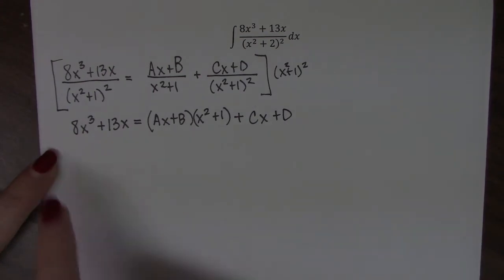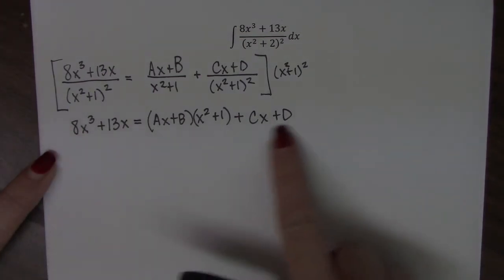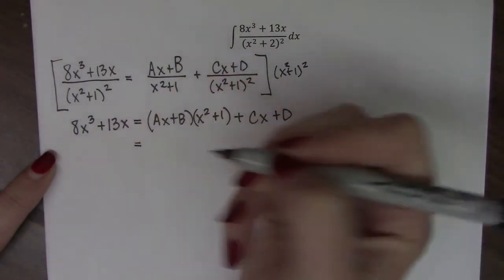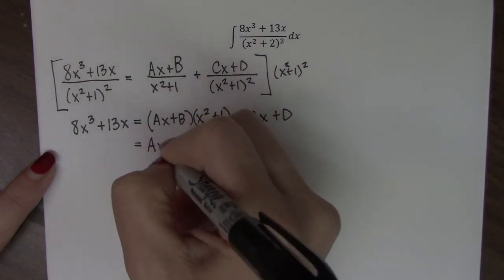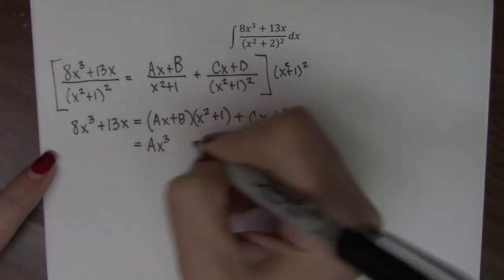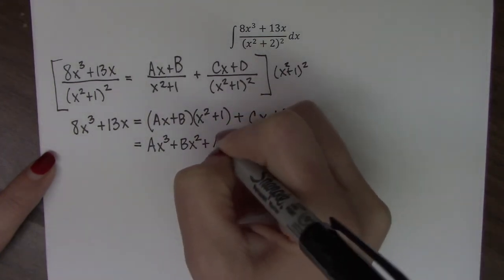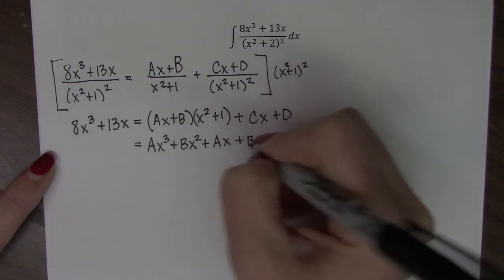So what we've got here is basically a polynomial equals a polynomial, but we need to actually turn this into a polynomial form. So the first thing I'm going to do is FOIL these first 2 terms. So we're going to get ax cubed plus bx squared plus ax plus b.